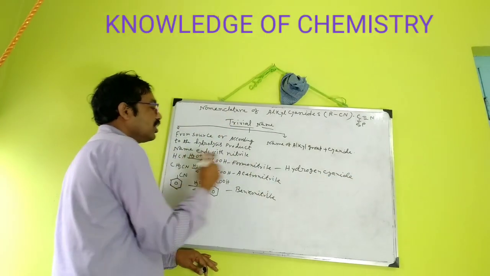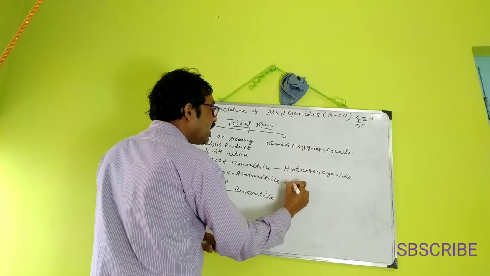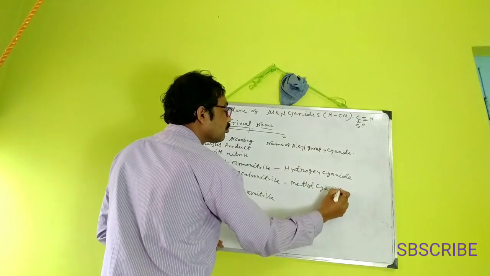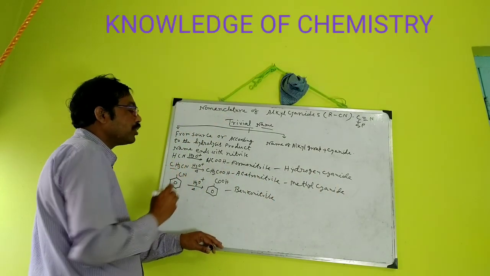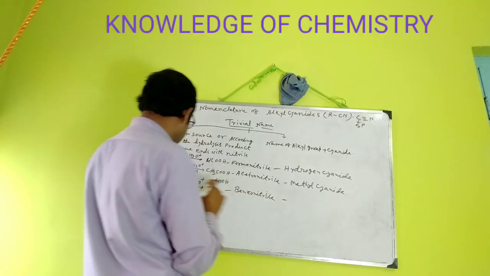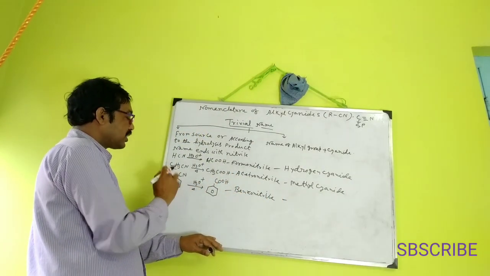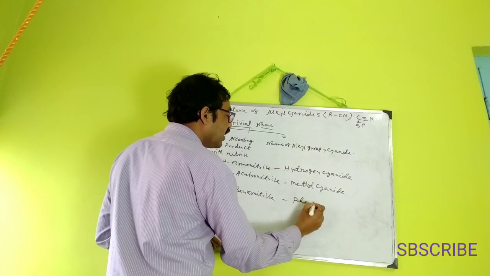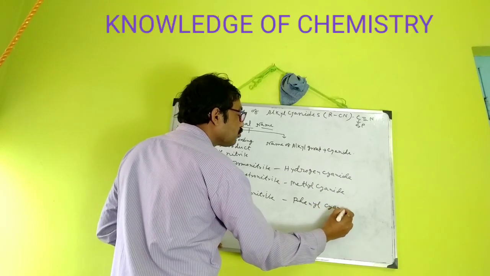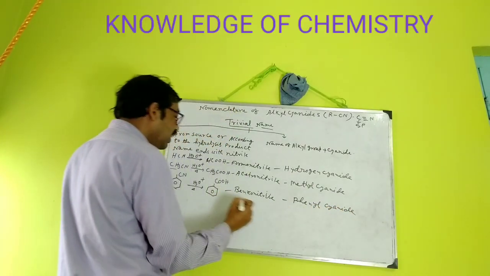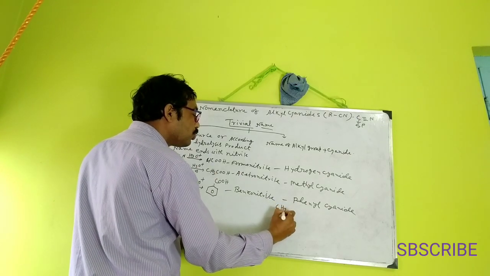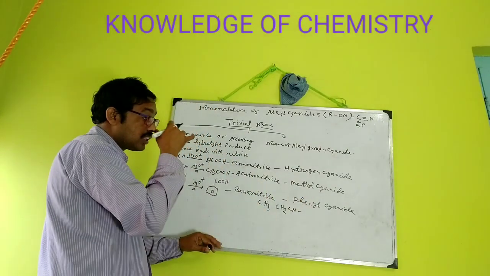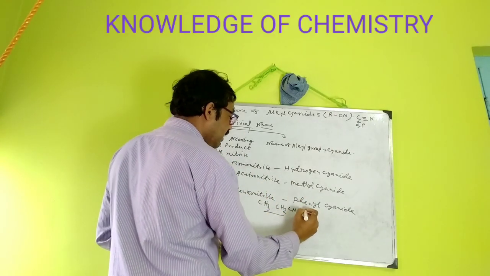CH3CN is named as methyl cyanide, as CH3 is methyl. Similarly, C6H5CN is named as phenyl cyanide. CH3CH2CN is named as ethyl cyanide.